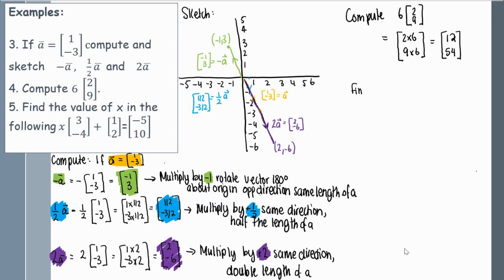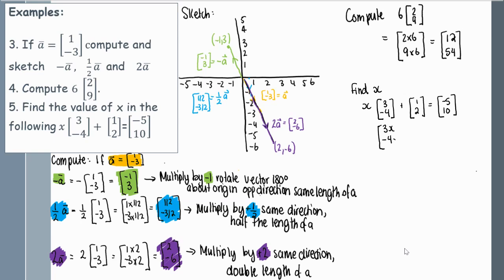Lastly, I want to find the value of x, where x is a scalar and a real number, in the following vector equation. I have x times the vector (3, -4) plus the vector (1, 2) equals the column vector (-5, 10). I start like solving a usual equation. First, let's do the multiplication.